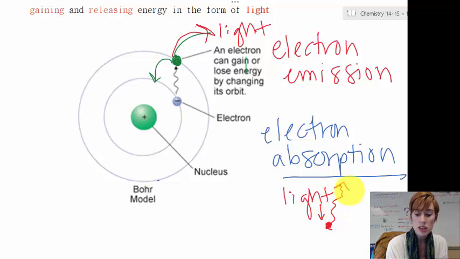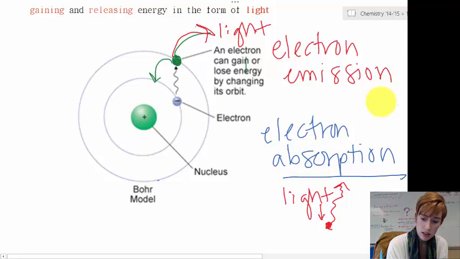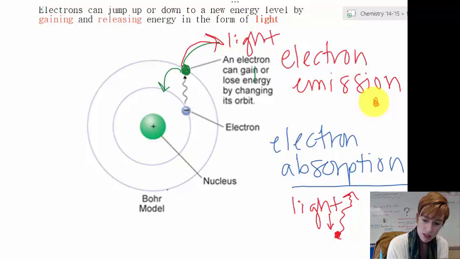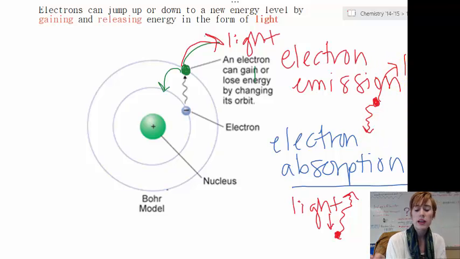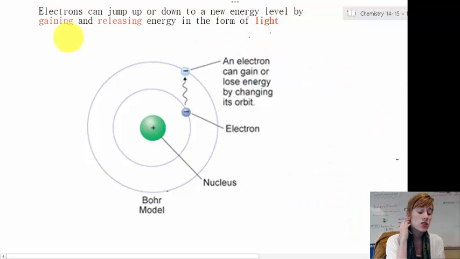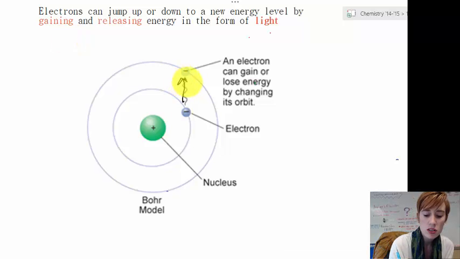Electron emission is when the electron has already jumped, okay, and when this electron falls back down, it releases light. And when that electron releases light as it's falling back down, that's called electron emission. Okay, so now I'm going to go over some terms. This electron is jumping up and it's absorbing light, so this is called electron absorption.